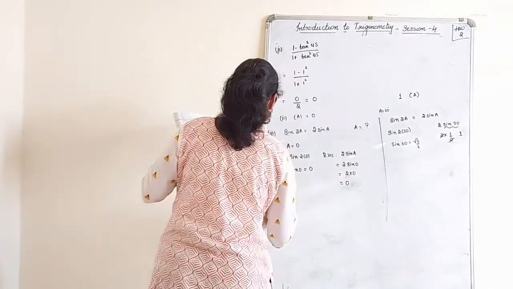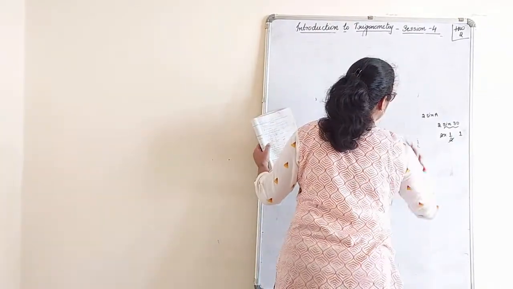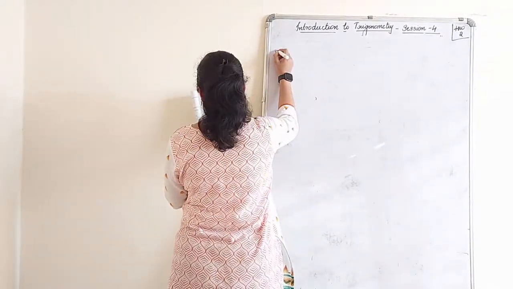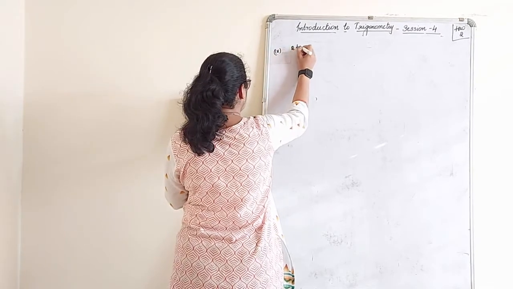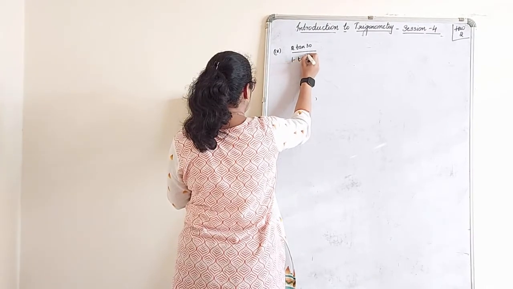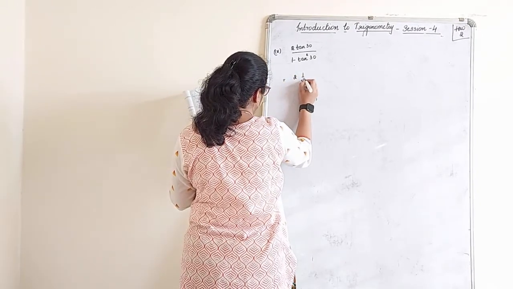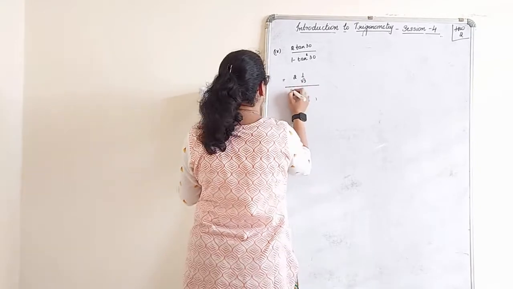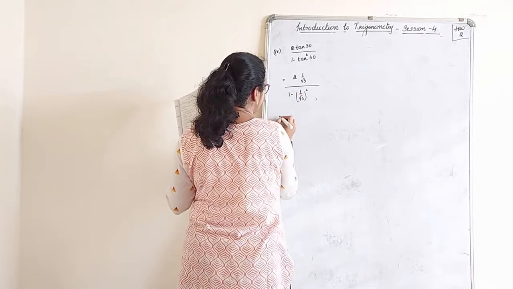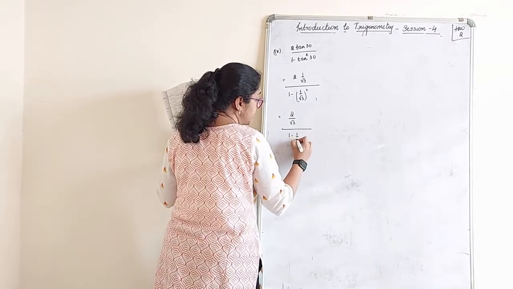Last MCQ. 2 tan 30 divided by 1 minus tan square 30. So tan 30 is 1 by root 3, so 2 into 1 by root 3 whole divided by 1 minus 1 by root 3 whole square. 2 by root 3 divided by 1 minus 1 by 3.